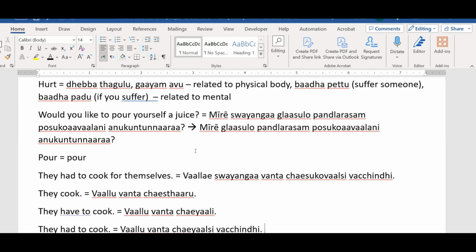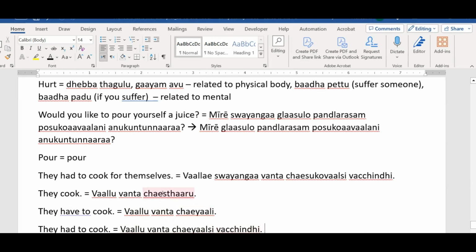So whenever you are practicing, try to take one verb and convert it into the they have to cook format. This is recent, this is past. వాళ్ళు వంట చేయాలి, they have to cook. This is not recent, this is coming future. This one is past. So వాళ్ళు వంట చేయాల్సి వచ్చింది.